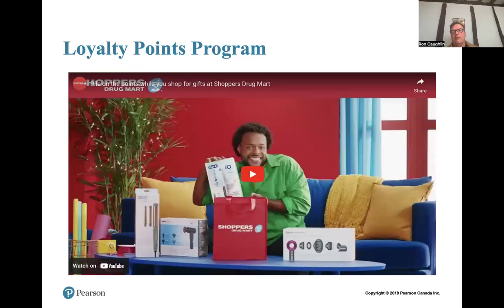Shoppers, on their other hand, had one of the most successful drugstore programs. Actually, it was one of the most successful loyalty programs overall. So what they decided to do is integrate them, merge them into one card, and they added an additional partner at the time, which was Esso. So this is a very popular program, and I'll just play a little video on how it works.